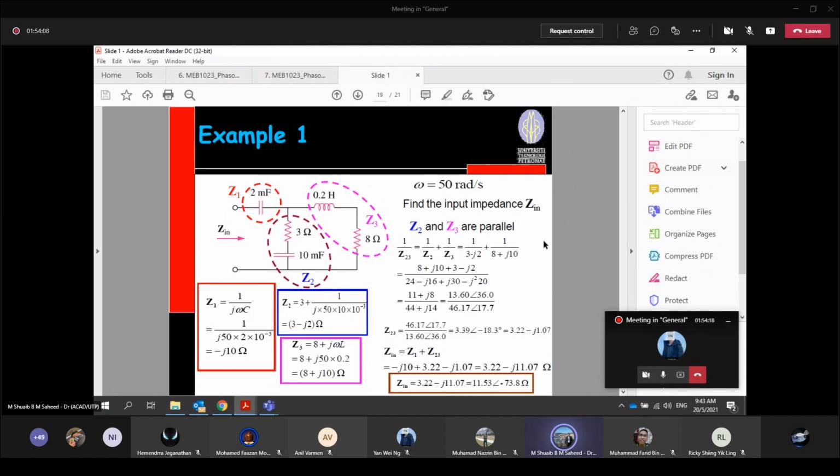Find the input impedance Z in. Okay, now guys, I give you like 5 minutes. Please try. The answer is already there, but I want you to try.